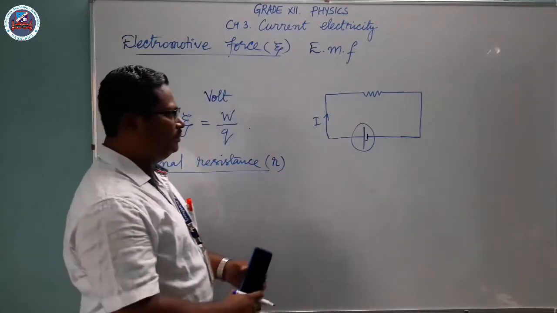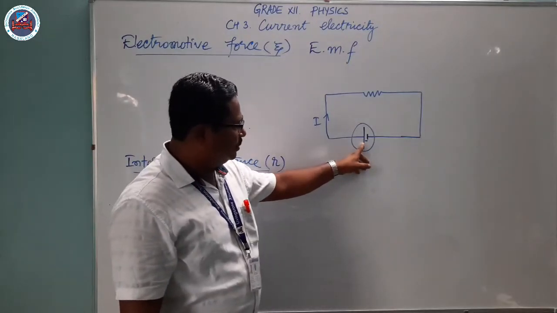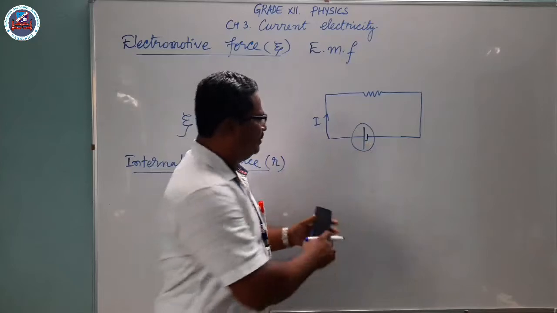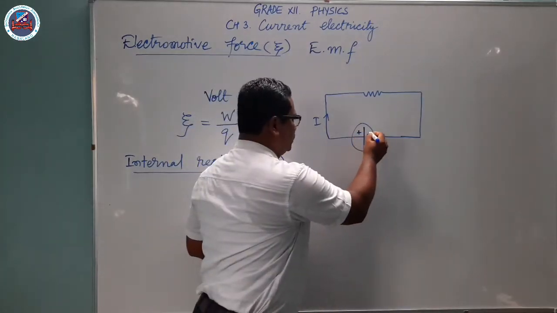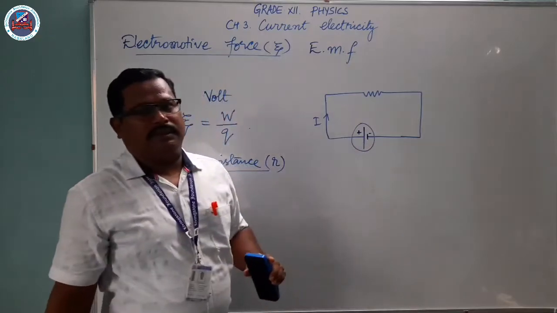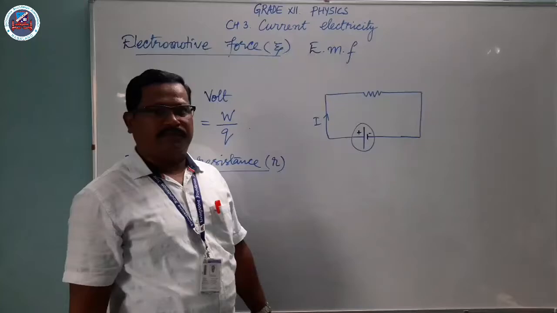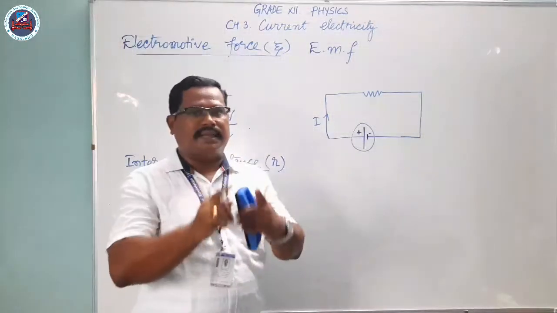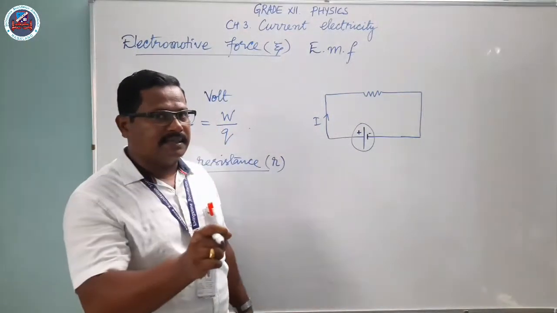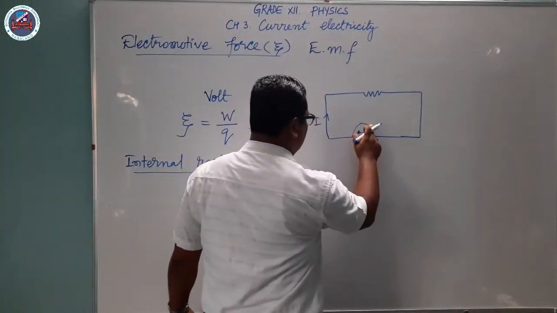Internal resistance, when we say inside the cell between the electrodes, positive and negative, this one is your positive terminal, this is your negative terminal, you have electrolyte. This electrolyte also offers some resistance inside the cell. That resistance we generally call the internal resistance of the cell.